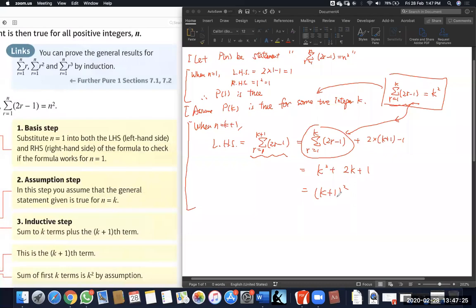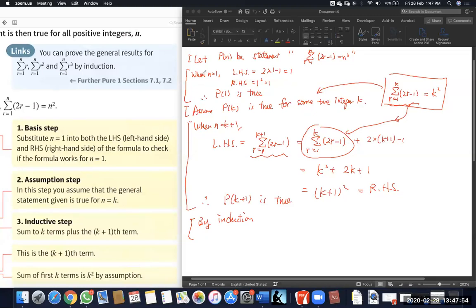So this one will equal the right hand side when you substitute n equal to k plus 1. Okay. So therefore, you prove that k plus 1 is true. And then for the last statement, you award 1 mark if the above is correct.